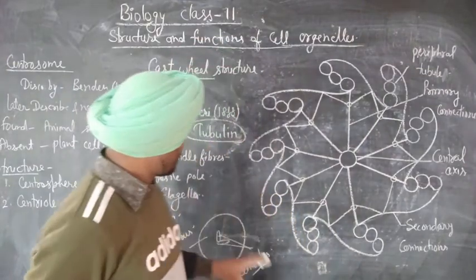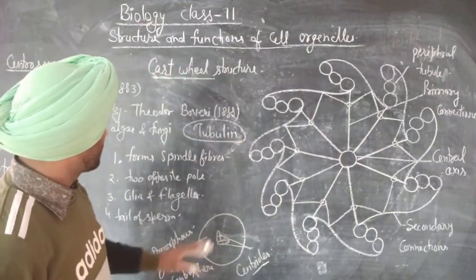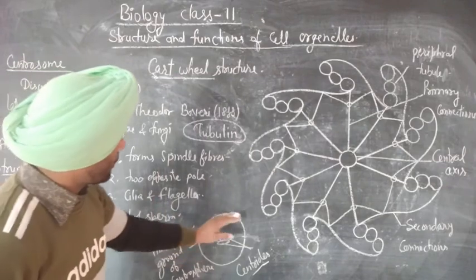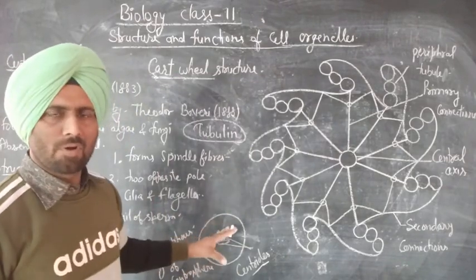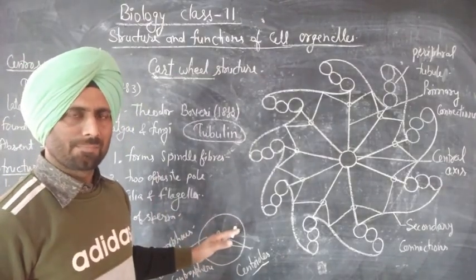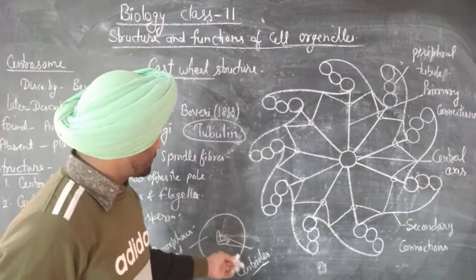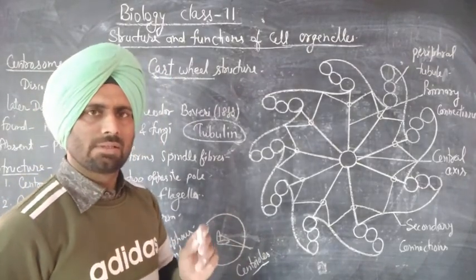Okay. This is the structure of centriole. And the amorphous ground substance is made up of tubulin protein.